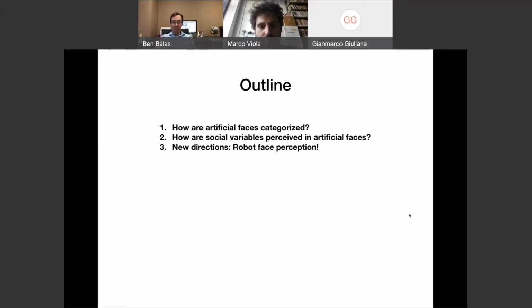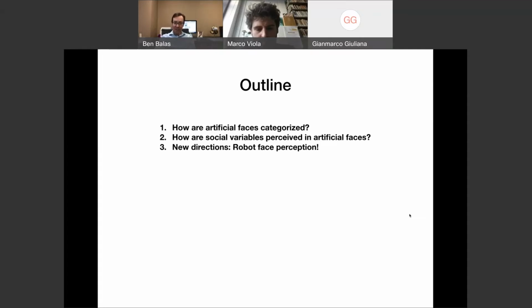Finally, if we have time, I'm hoping to tell you a little bit about some of the new directions my lab is going in with regard to robot faces. Most of the work I'll talk about in the first two sections has to do with either computer-generated faces or images of dolls that are both explicitly human-like. But in our most recent work, we've been starting to think about faces that are decidedly not human-like.